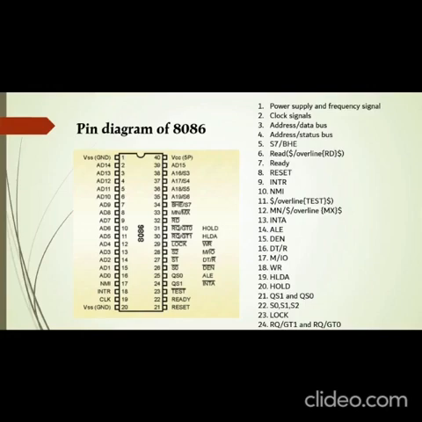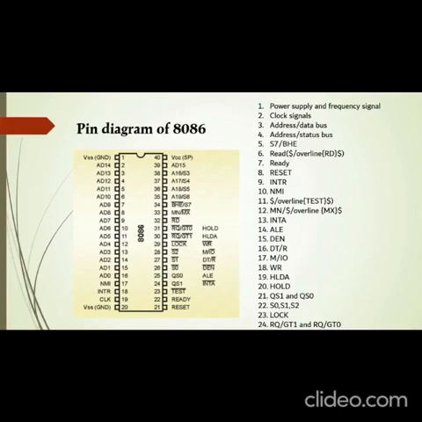TEST. This signal is like a wait state and is available at pin 23. MN/MX stands for minimum or maximum and is available at pin 33. INTA is an interrupt acknowledgement signal and is available at pin 24.